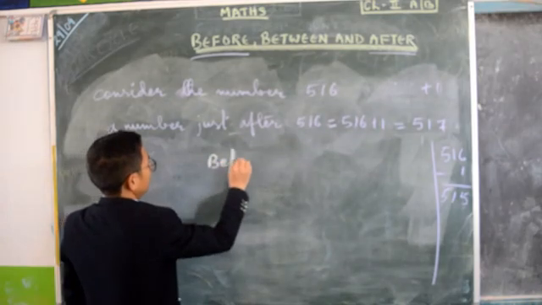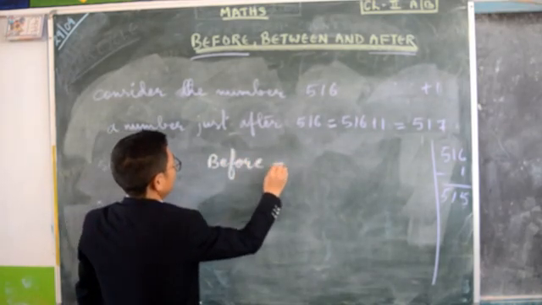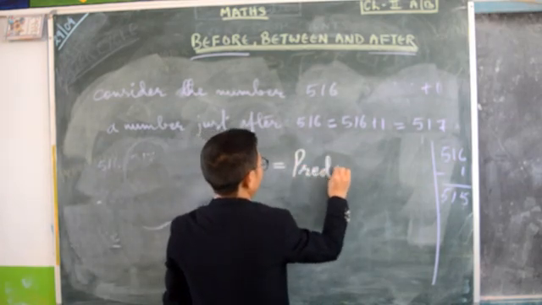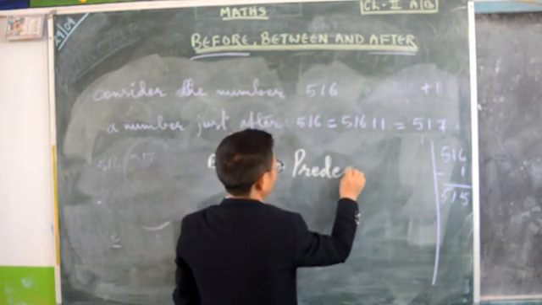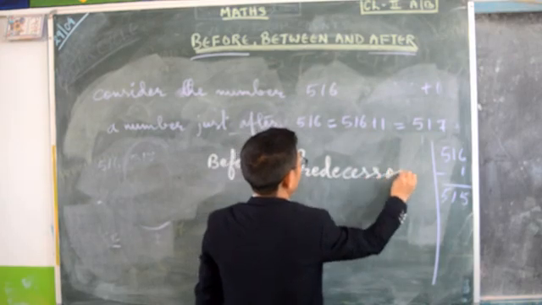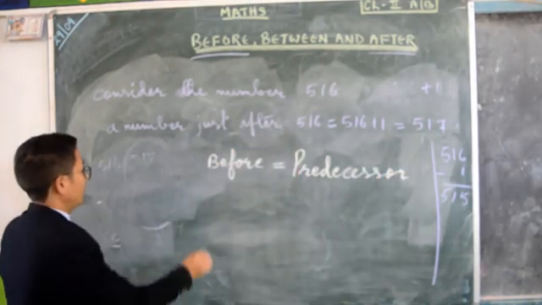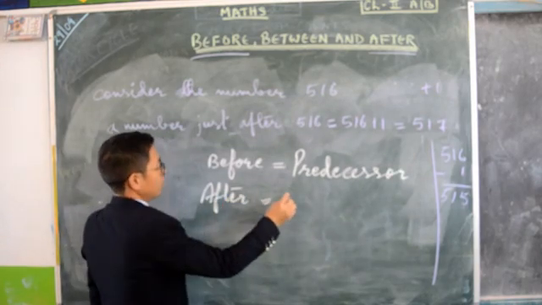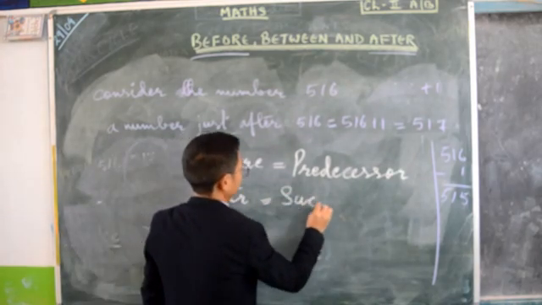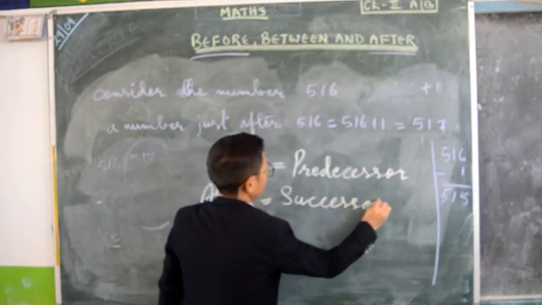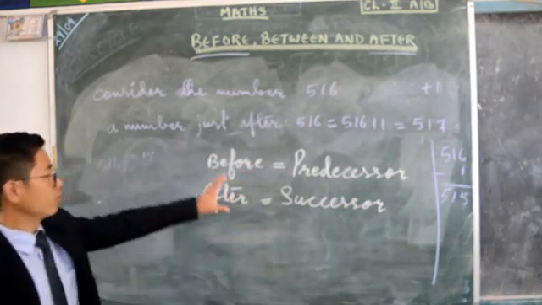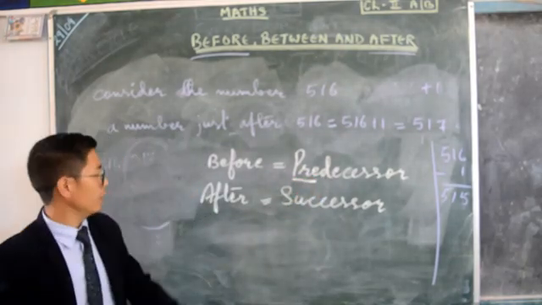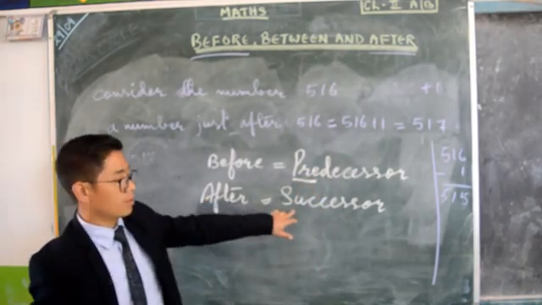Before is called predecessor, and after is called successor. Alright, so before, predecessor, pre means before, and after, successor.